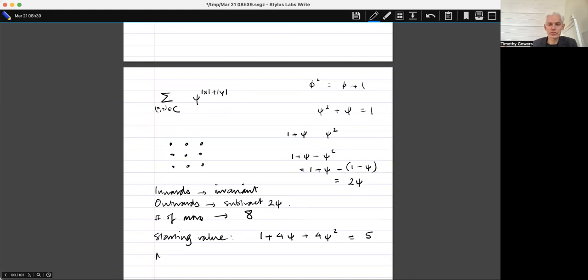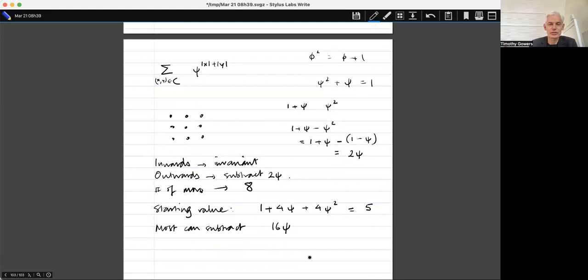So the most we can subtract is 16 psi. And so far that's not great, because 16 psi is bigger than 5, and the ending value is 1. So we would need 16 psi less than 4, which is nowhere near true.